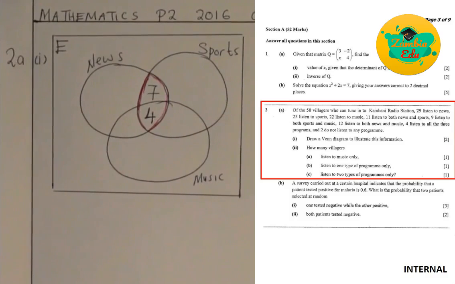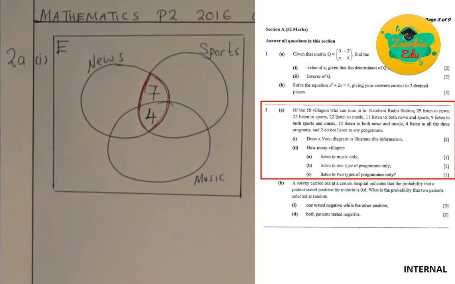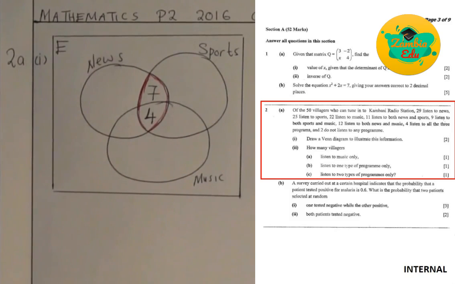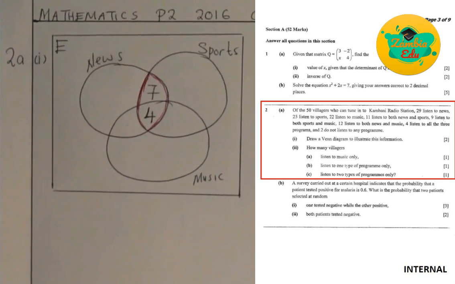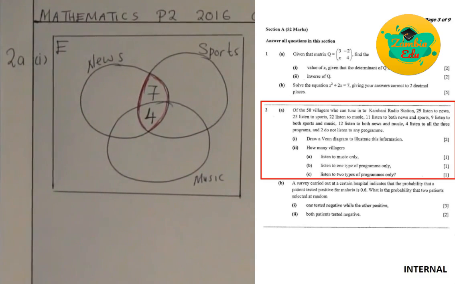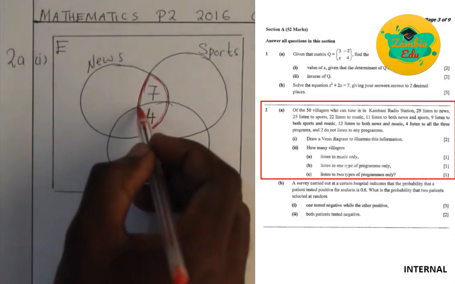Okay, having filled in that, we'll move on to fill in those that listened to sports and music. We've been told that 9 listen to both sports and music. So the intersection for sports and music is this one here.